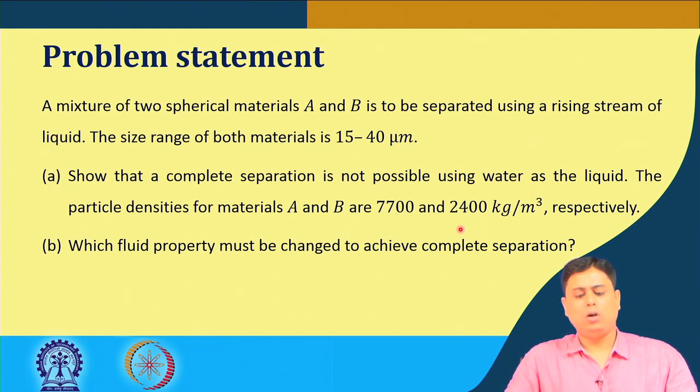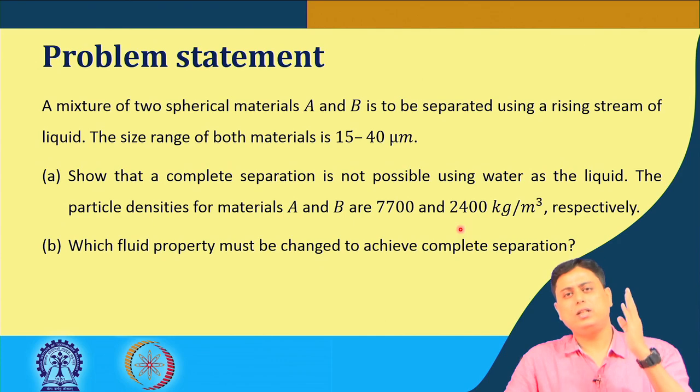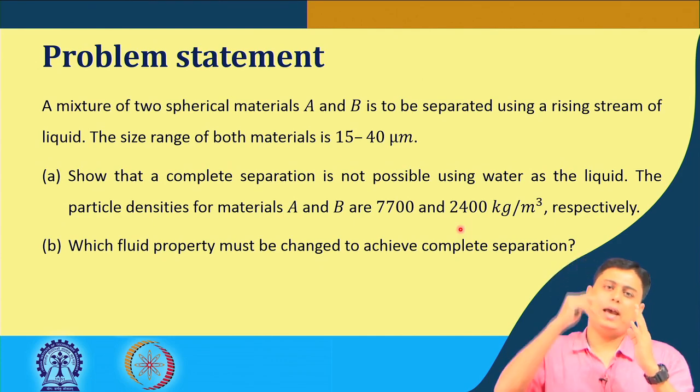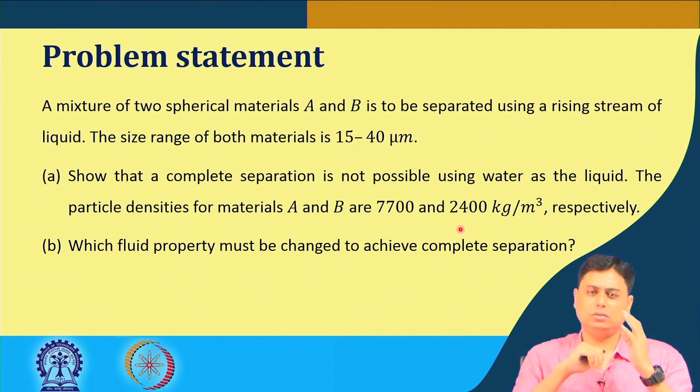Okay. So how do we solve such a problem, or what should be the methodology, or what has been asked indirectly? The point is that here we have to apply again this terminal velocity concept. Now there is a rising water or liquid, and the particles are settling down.